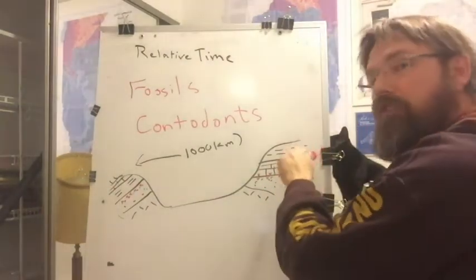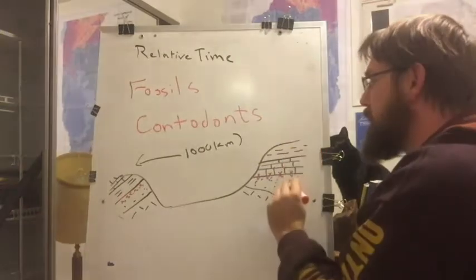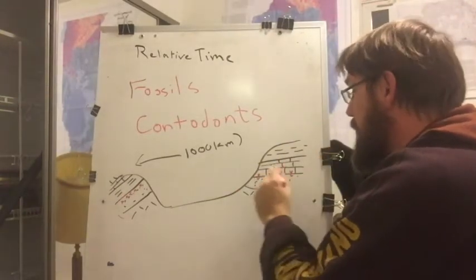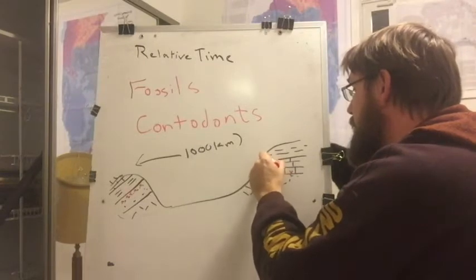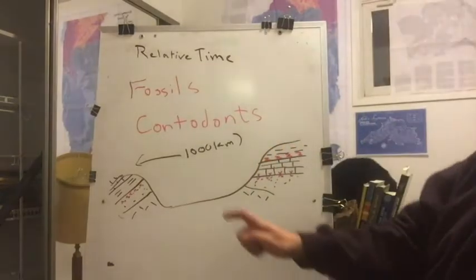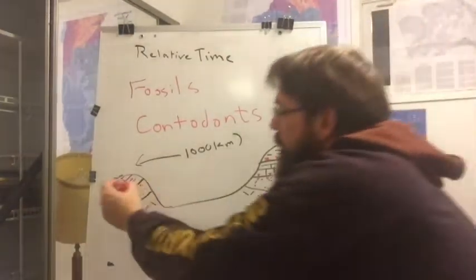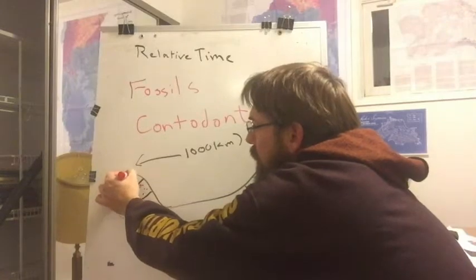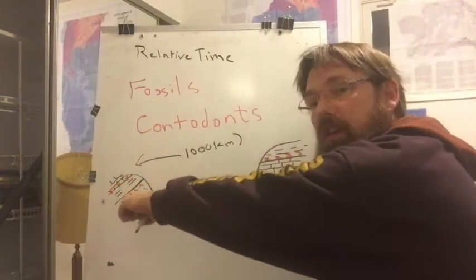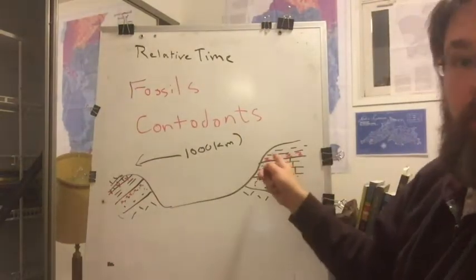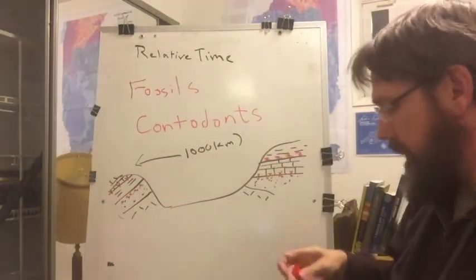And then this shale has fossil Z throughout it, okay? Now, you come over here and you find fossil Y is here. But in the shale, there aren't any, all right? So you don't have Z here, but here you see you have Z.